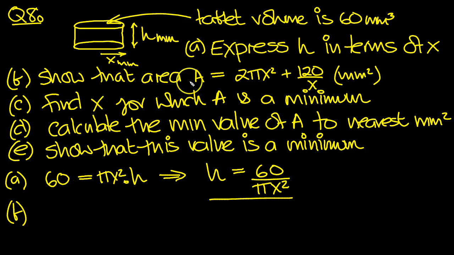Show that the area A is 2 pi x squared plus 120 over x. This is the total surface area. So here A is equal to pi r squared, pi x squared there, plus another pi x squared on top, plus this strip here, which you unwrap. The circumference is 2 pi r, which is 2 pi x.